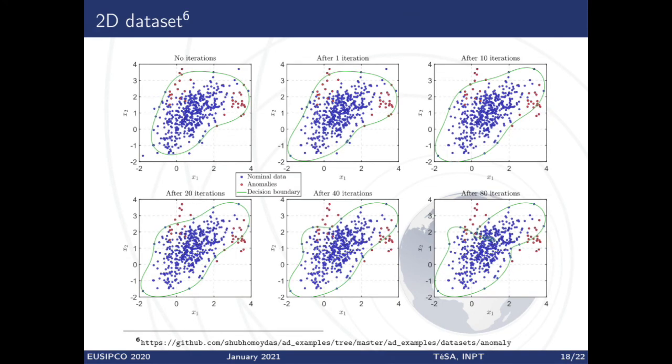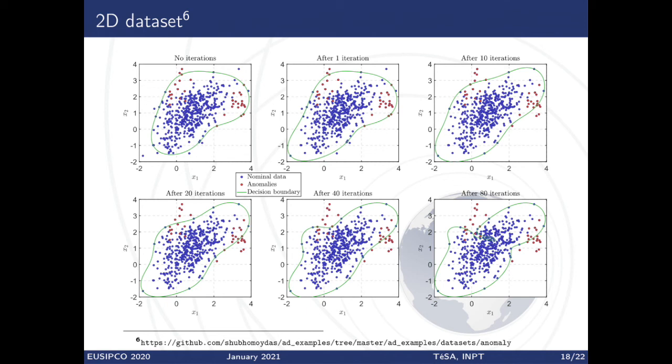So now if we want to take a look at some experiments. So first, this is a 2D data set used in the AAD article. So on the top left, this is the solution for no iteration, so no feedbacks. So this is namely the one class SVM solution.